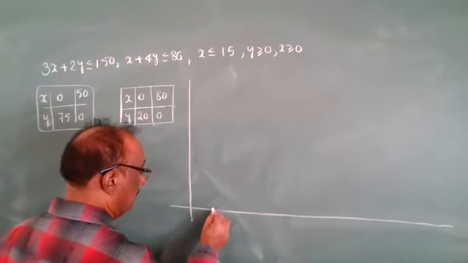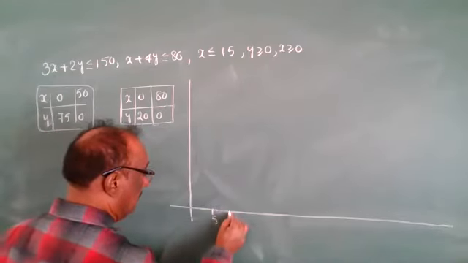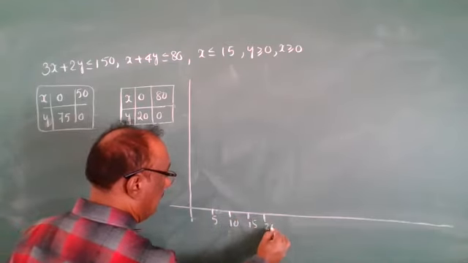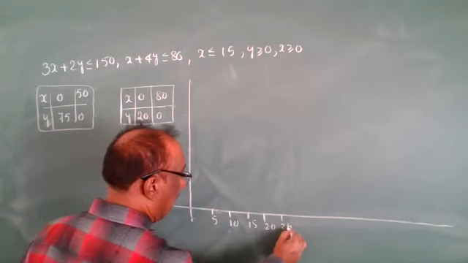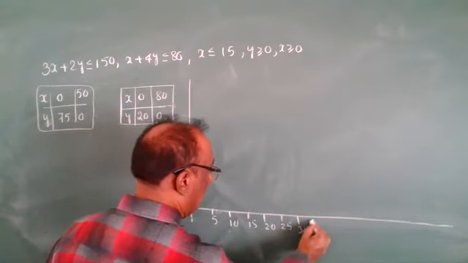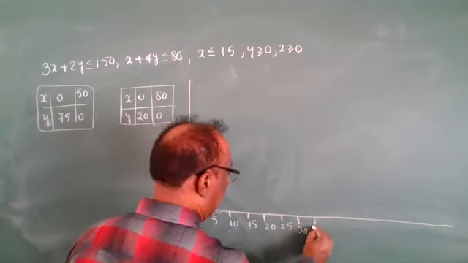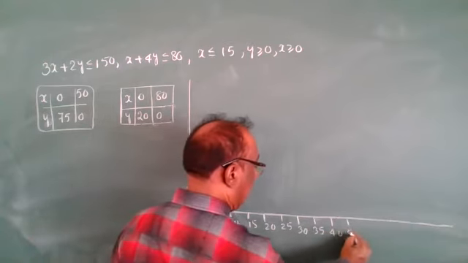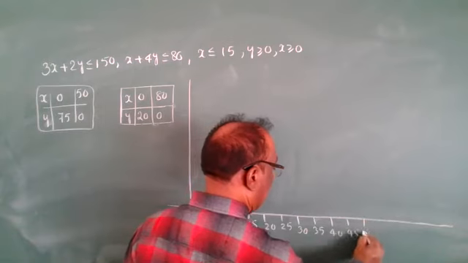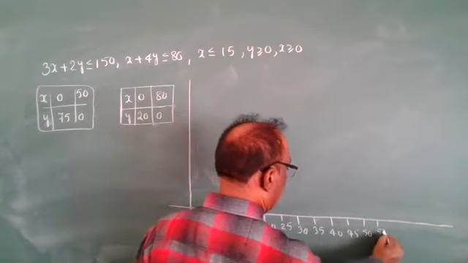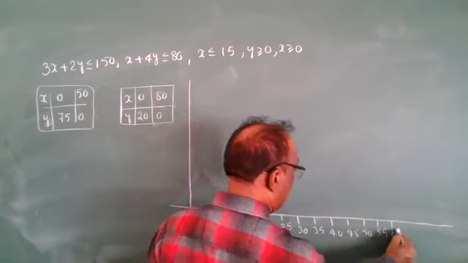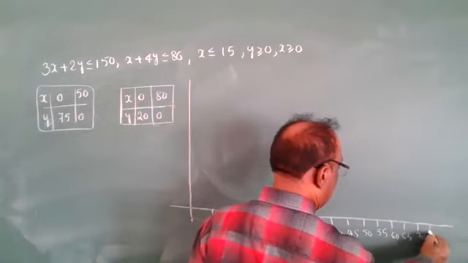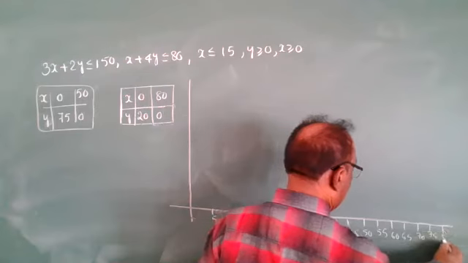5, 10, 15, 20, 25, 30, 35, 40, 45, 50, 55, 60, 65, 70, 75, 80.